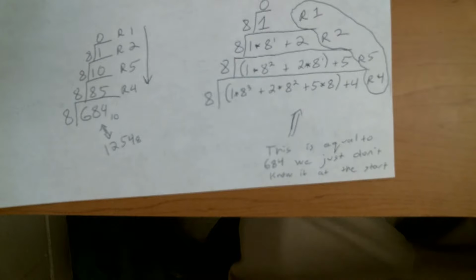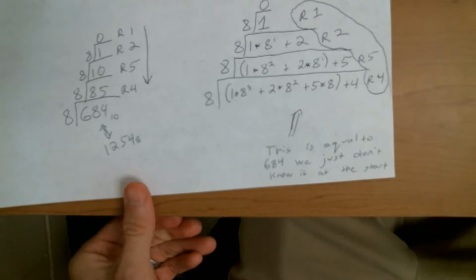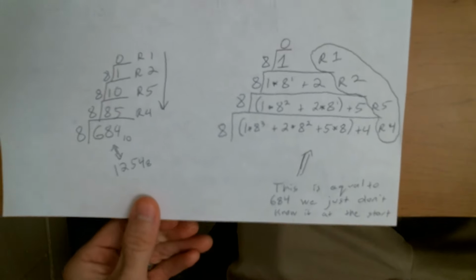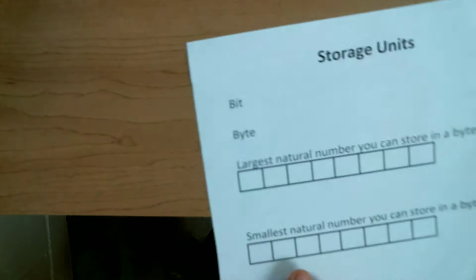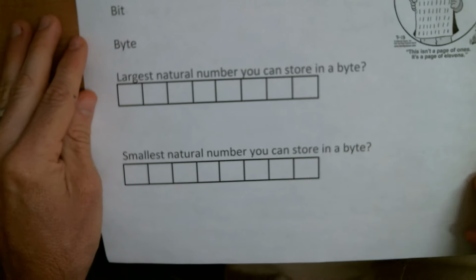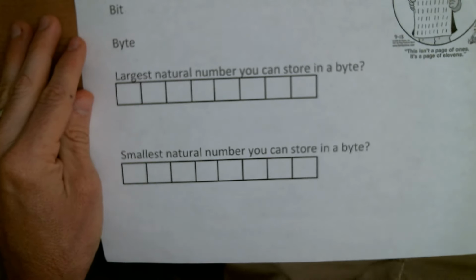All right, so with that in place, let's start tying this back to computers. We've been in this numerical world of bases and converting. Let's start tying this back to the actual computer.